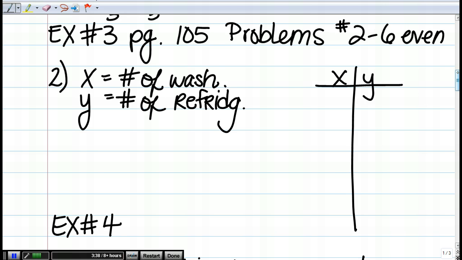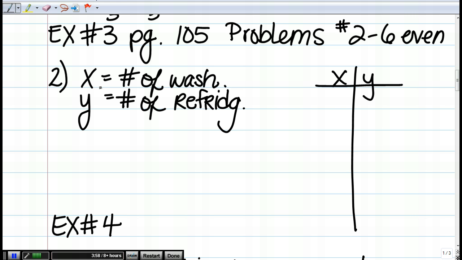So I made X the number of washing machines. And $100 for each refrigerator. So I have Y for the number of refrigerators. Last month he earned $500 in commissions. Find all possibilities for the number of each kind of appliance he could have sold.